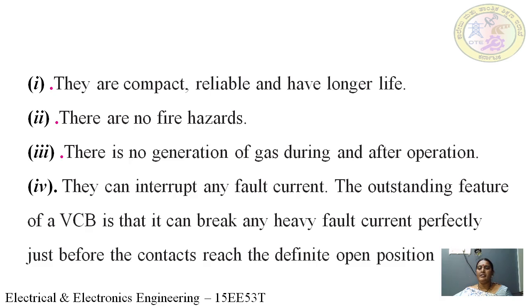Reliable means whenever a fault occurs on the system where we have used a vacuum circuit breaker, it will operate as soon as the fault occurs, and it will have a longer life. The name itself suggests it will have a longer life.